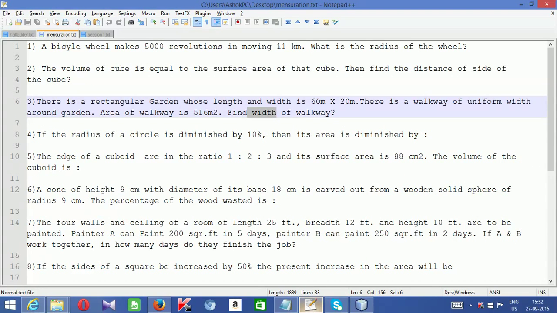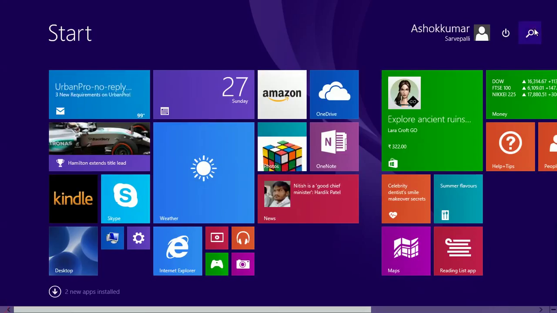So 66 cross 26 minus 60 cross 20 will give you 516. You can check that. Okay.